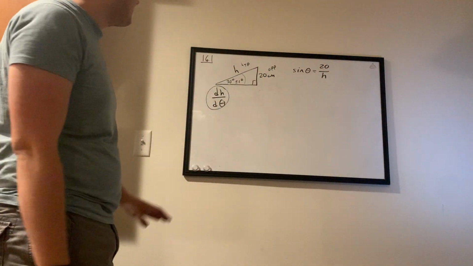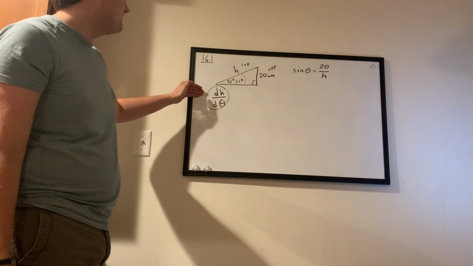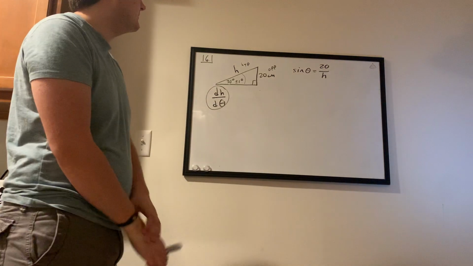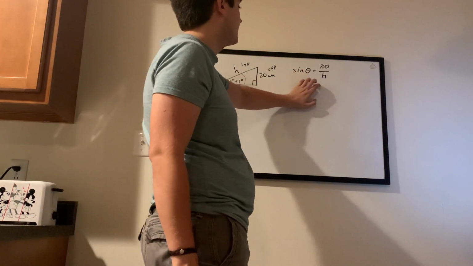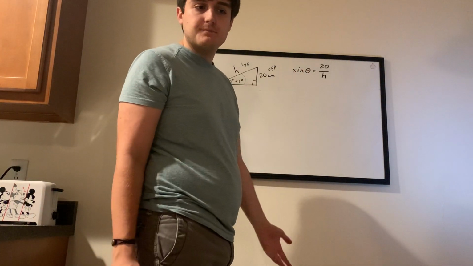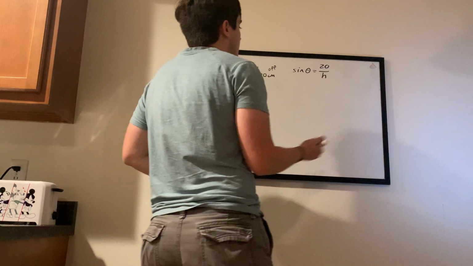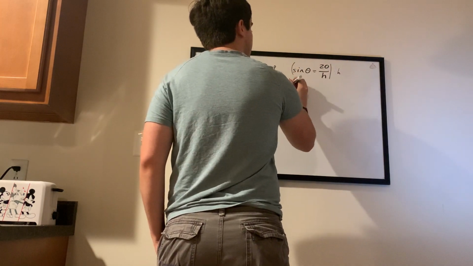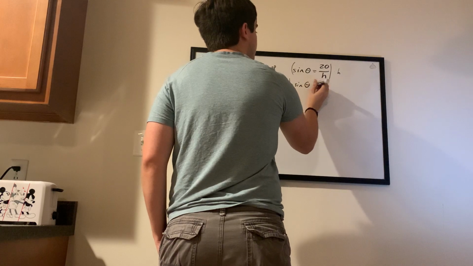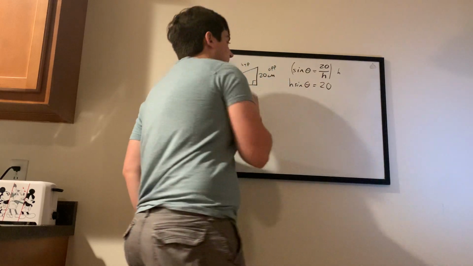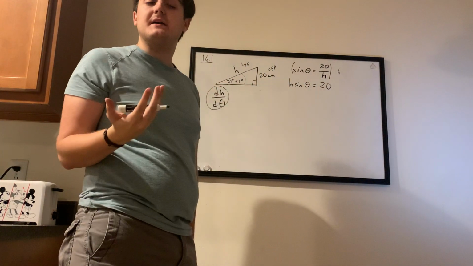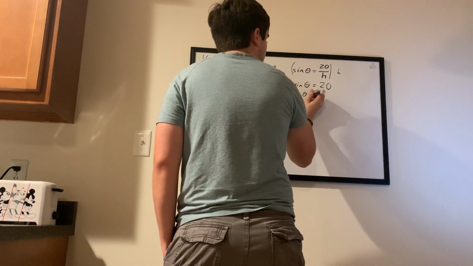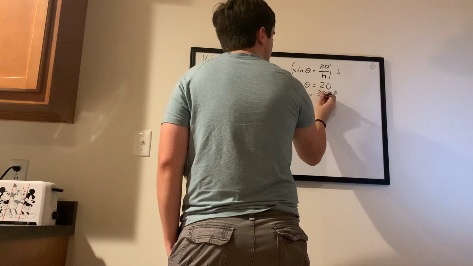Now, I'm interested in getting dh in terms of d theta, so I'm going to solve this equation for h. I multiply h up to both sides, so I get h sine theta equals 20. Then I divide by sine theta on both sides.